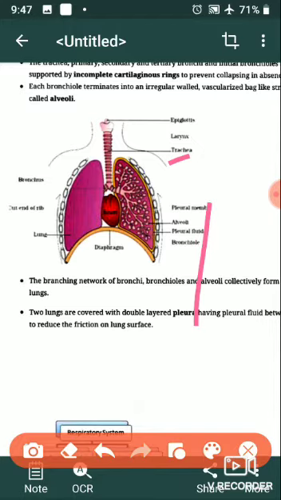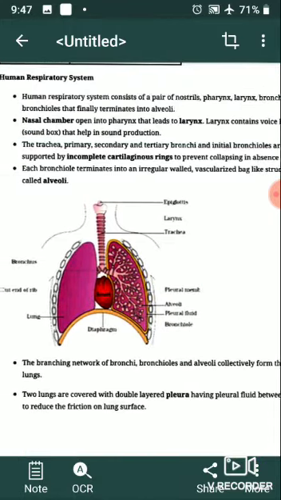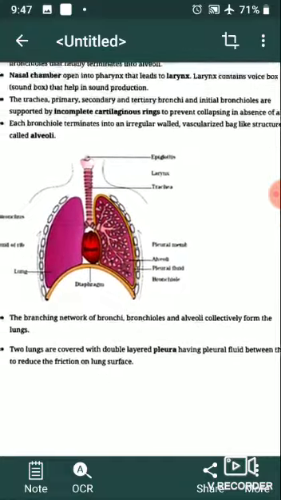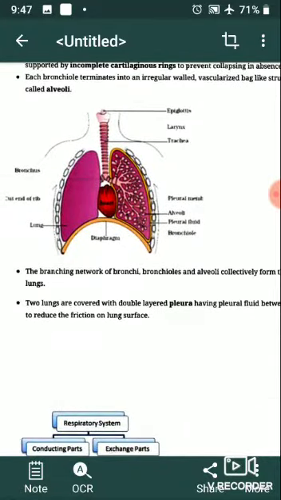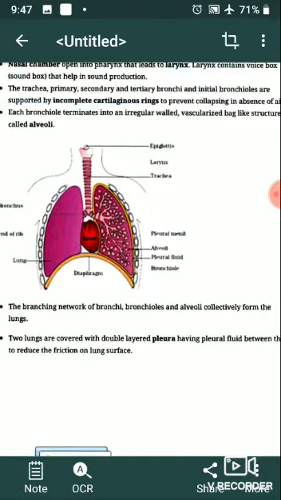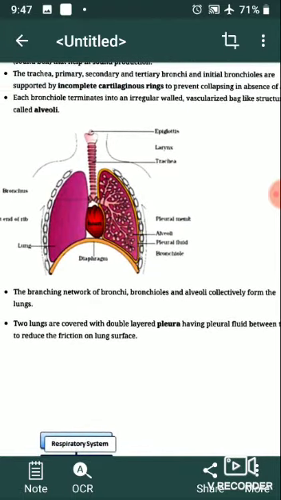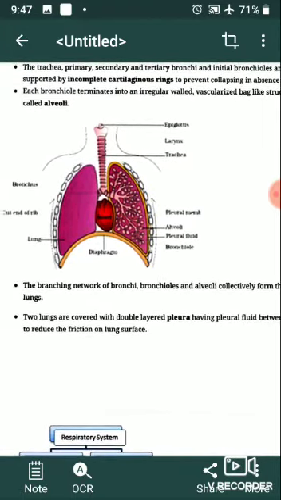Trachea, primary, secondary and tertiary bronchi. Initial bronchioles are supported by incomplete cartilaginous rings to prevent collapsing in the absence of air.